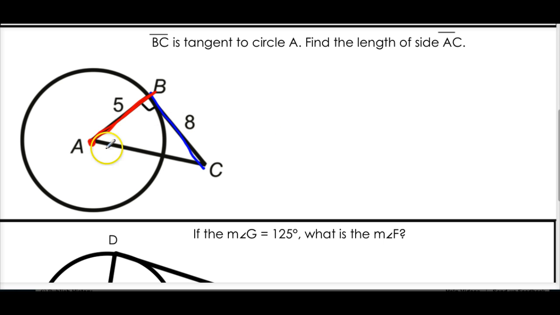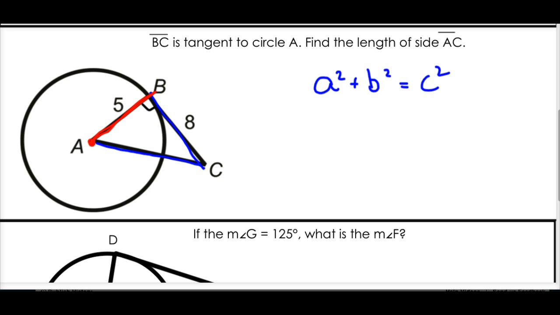So we've created ourselves a nice little right triangle over here. If I want to find out what AC is, all I have to do is use the Pythagorean theorem, because you use it to find the third side of a triangle. That is a squared plus b squared equals c squared.